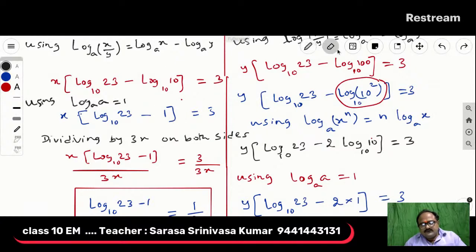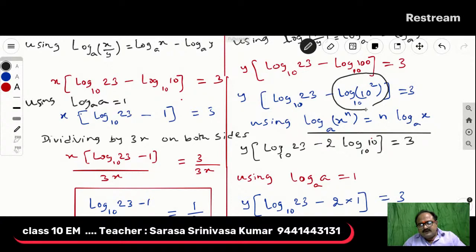So now we consider the right-hand side part. Log 100 to the base 10. 100 can be written as 10 square. So in place of 100, we have written 10 square. It is using the formula log x to the power of n to the base a equal to n log x base a.